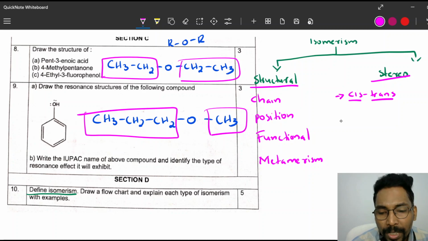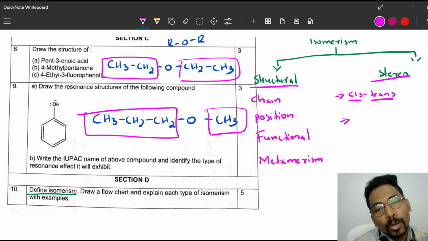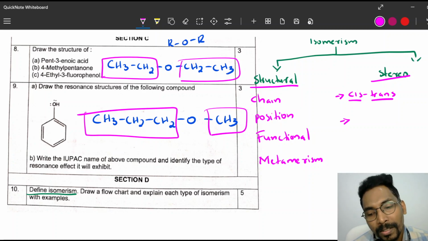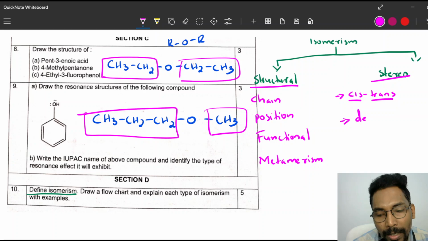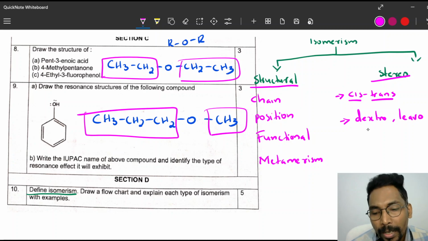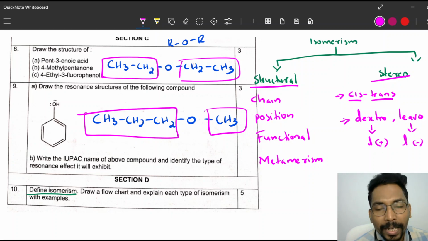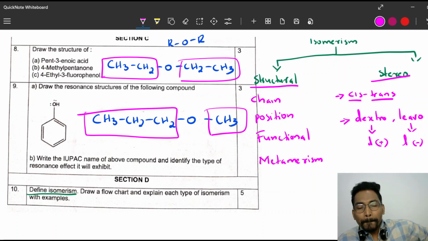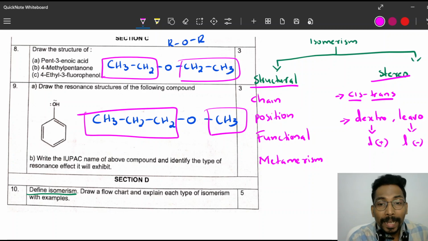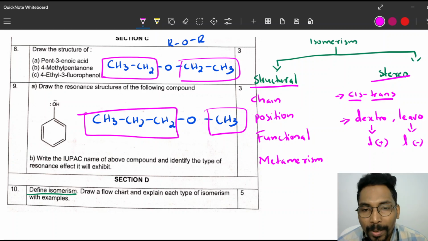And optical isomerism is based on optical activity of substances, and there are two types: dextro and levo. Dextro means D or a plus sign. Levo means L or a minus sign. Okay, that's it. So you will learn in detail about this isomerism in hydrocarbon chapter.